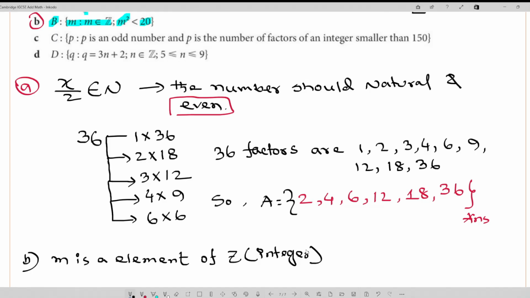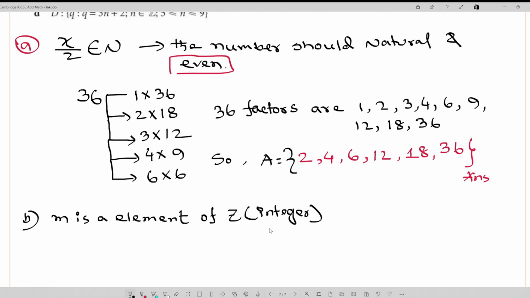So what does integer mean? If you think like this, 0, here is -1, -2, -3 and up to infinity, and here is +1, +2, +3 up to infinity. All numbers are integers but no fractions, so just whole numbers.